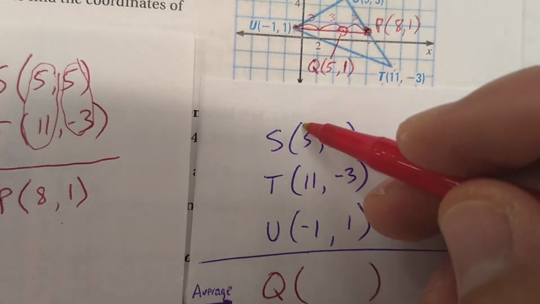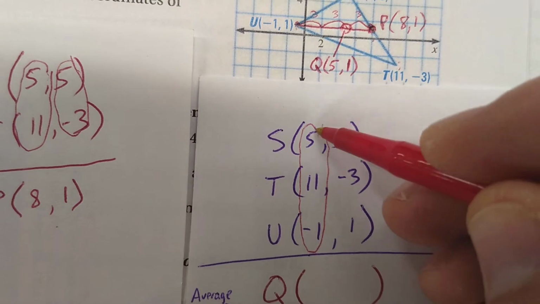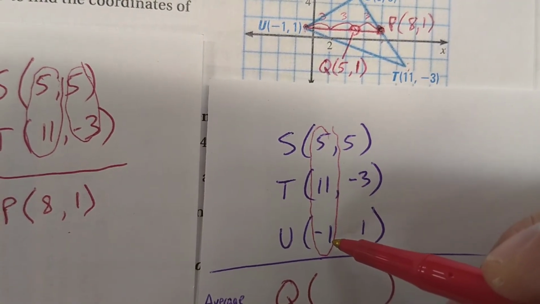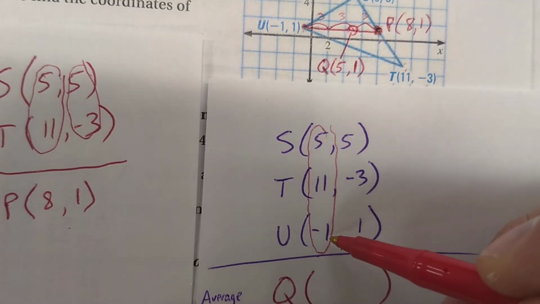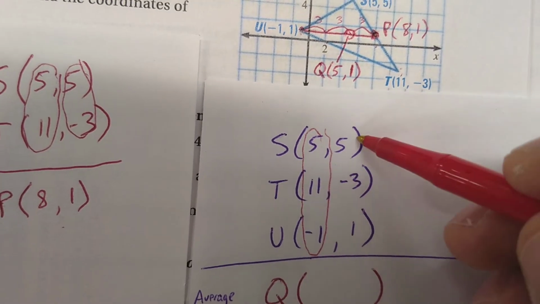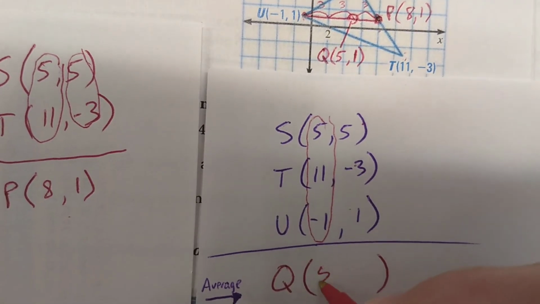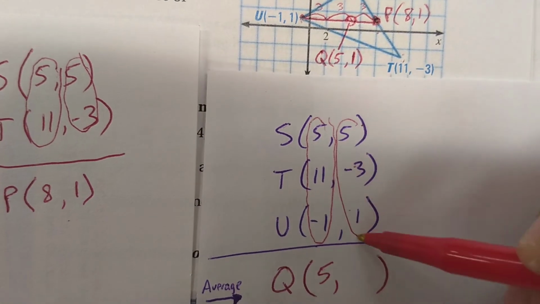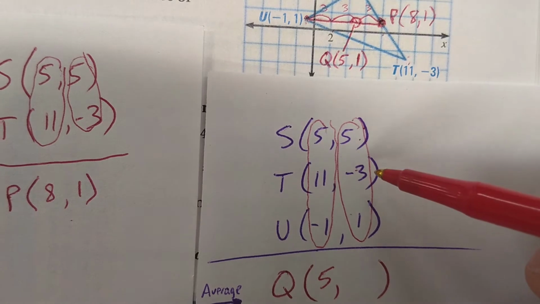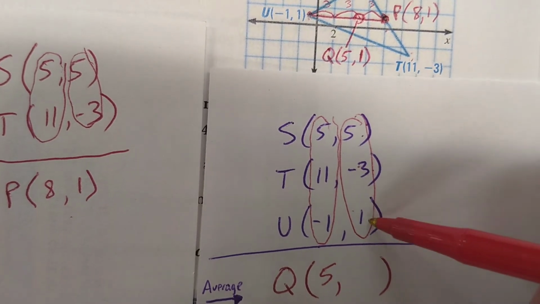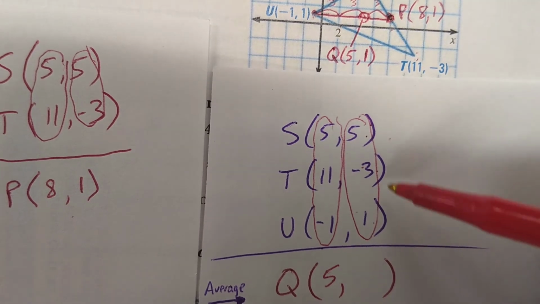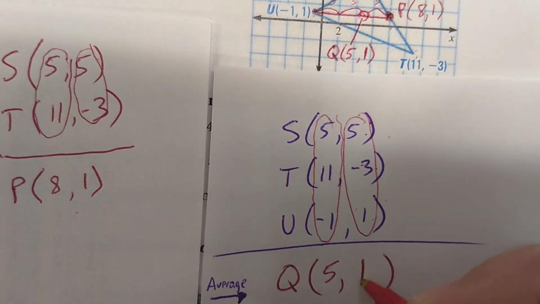So if you take the x values of all of those, 5 plus 11 plus a negative 1, that's a total of 15, and divide it by the 3 different points, you would have gotten 5. And if you do the same thing for the y values, 5 plus a negative 3 plus 1 is 3, and if you divide that by 3 in order to average it, you get 1.